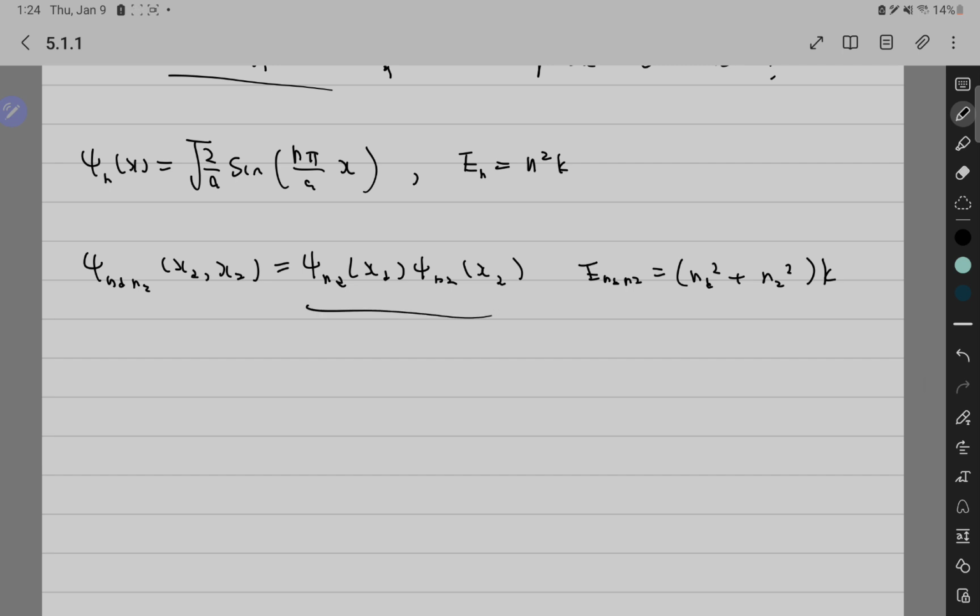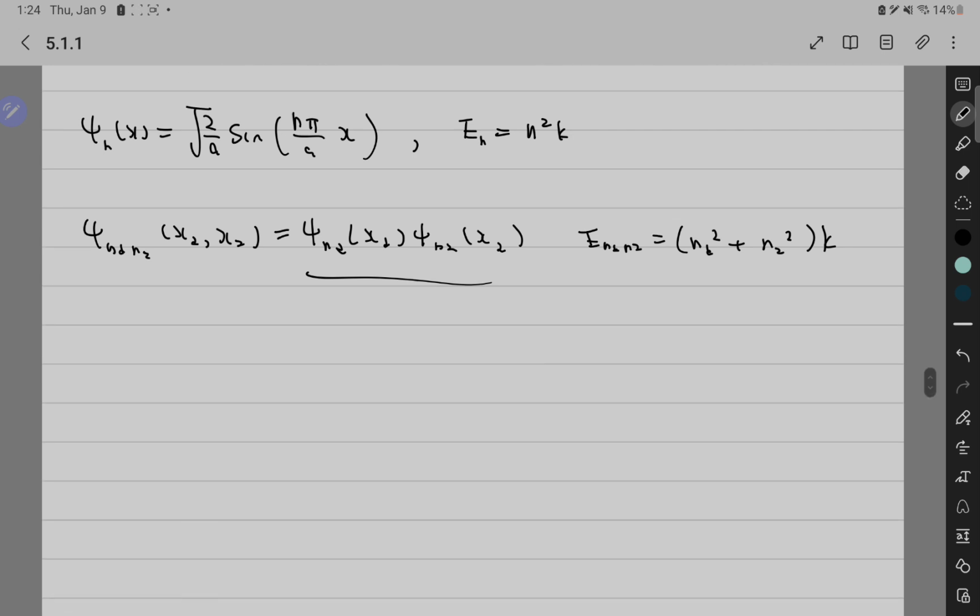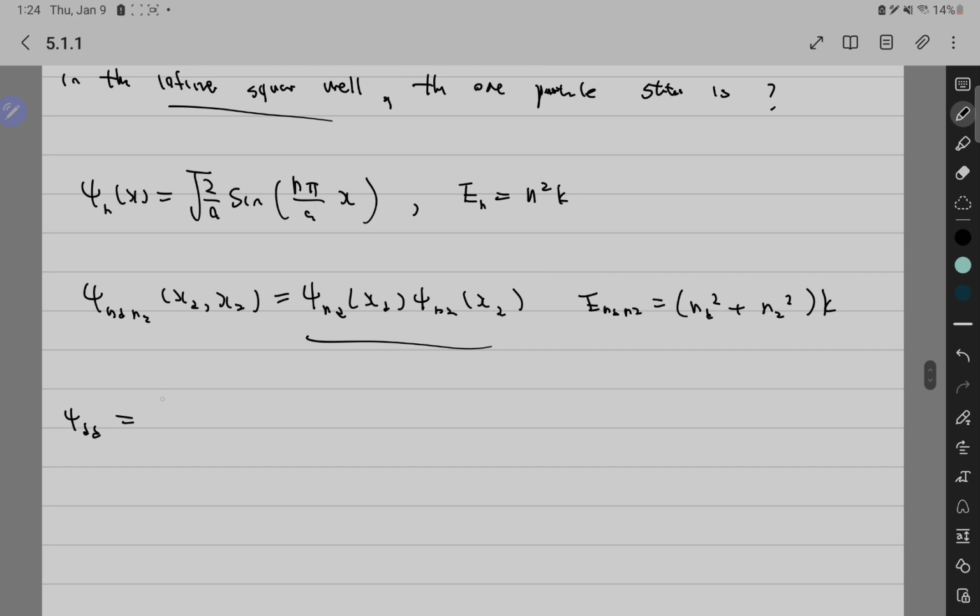So if it's the ground state, psi 1, 1, what would that be? Well, that would be 2 over a, because we're talking about a product of two.